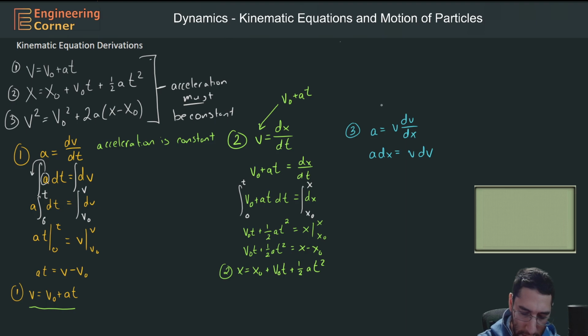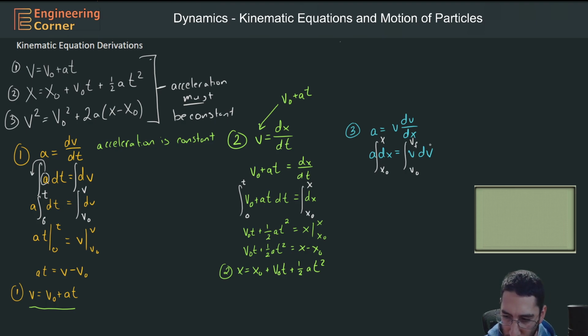So I'll just put it right here. And this is going to go from an initial x to a final x. This is going to go from an initial velocity to a final velocity.